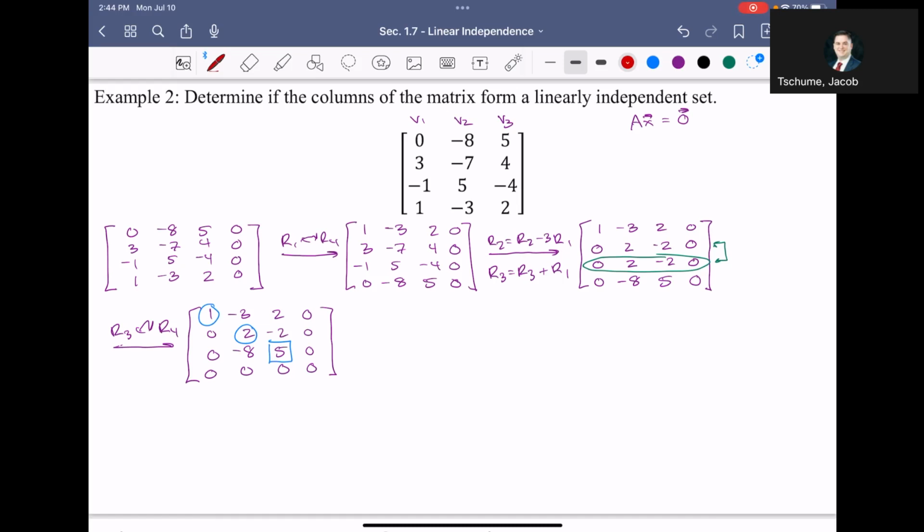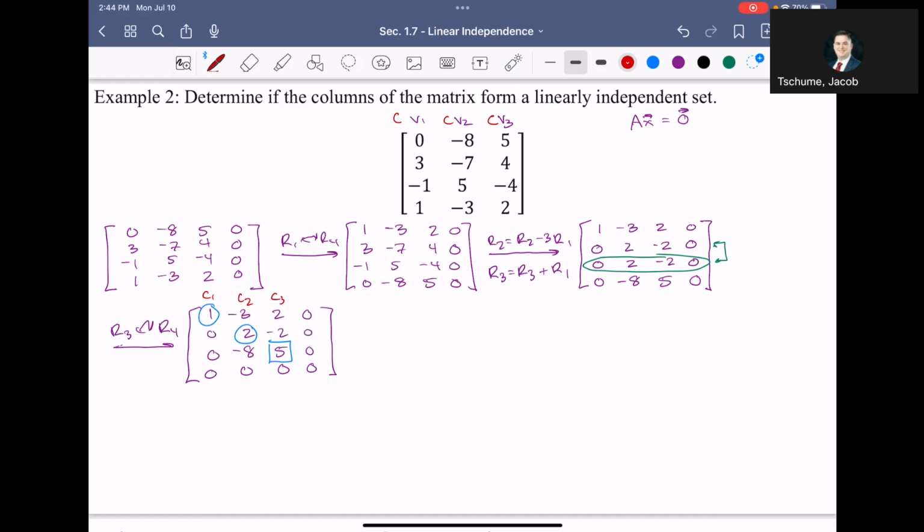You're trying to figure out, is there a constant that goes in front of each one other than 0? Well, going based on pivot positions, you've got one for your v1, one for your v2, and one for your v3. So you actually find a pivot position that coincides with each vector.